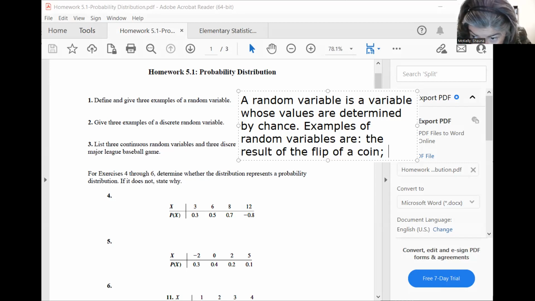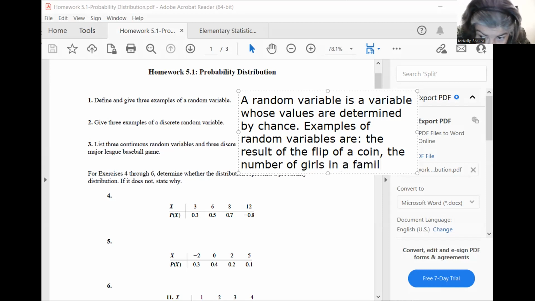Could be the number of girls in a family of 3 children, for example.